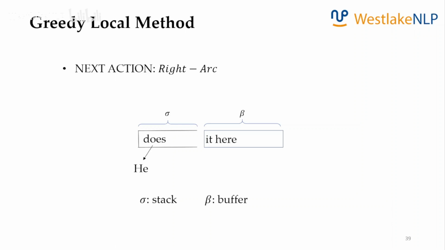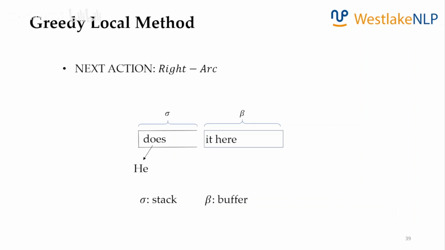But the next action has a lot of ambiguities. We could make does depend on it. If we do this, we do left arc. We could make it depend on does, right? If we do this, we do right arc. We could say, maybe both does and it depend on here. So if we do this, we do shift.